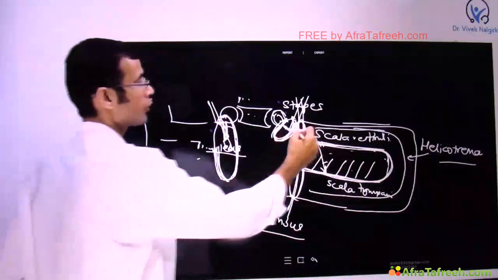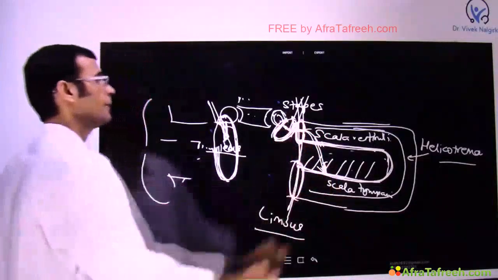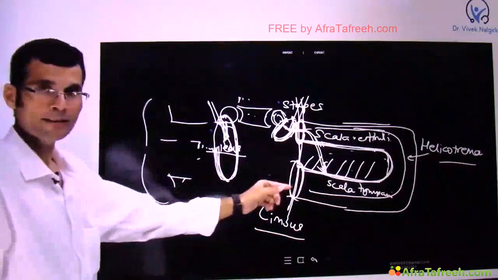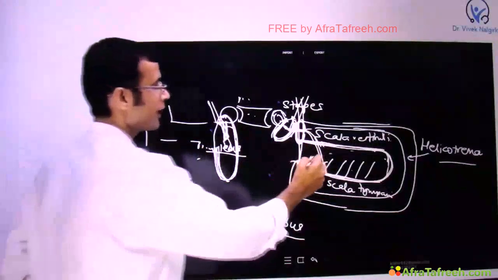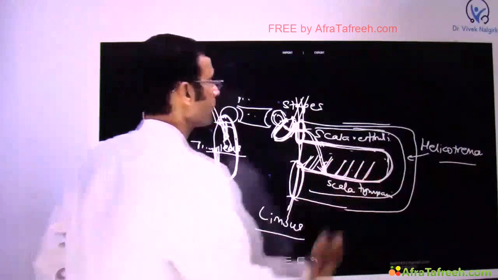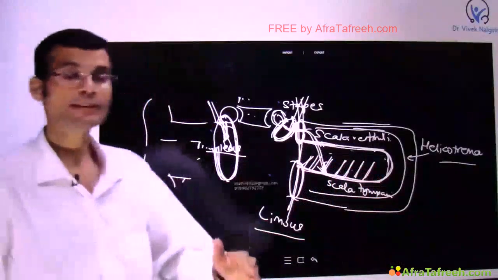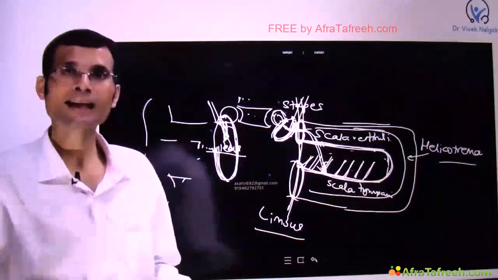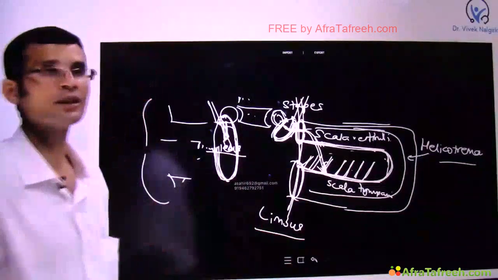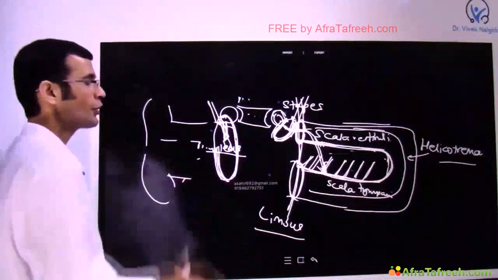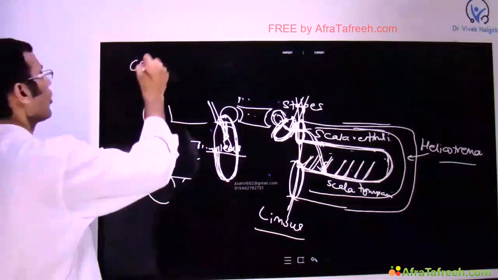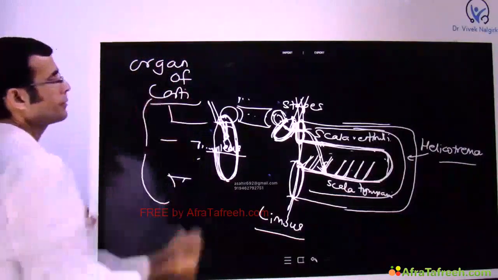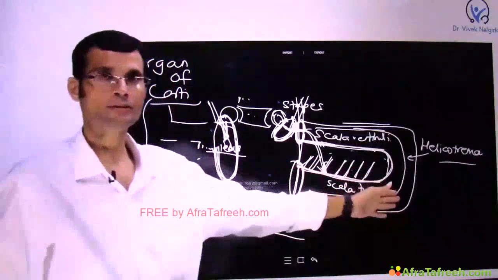The sound wave will cross it and fall on the basilar membrane. The basilar membrane vibrates, therefore these basilar fibers will also vibrate. And now we will see how the pressure in the sound wave will be converted into electrical action potentials. Transduction of sound is caused by the organ of Corti, which is present on these basilar fibers.